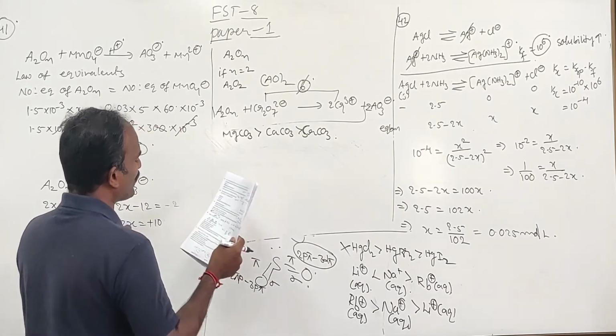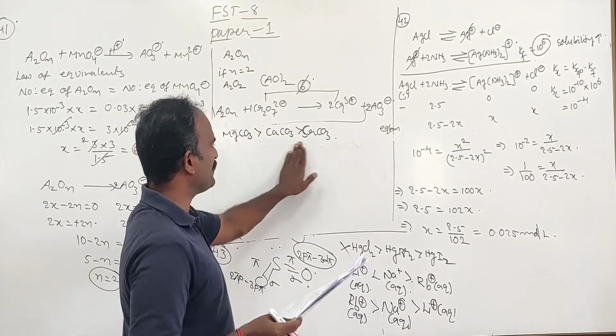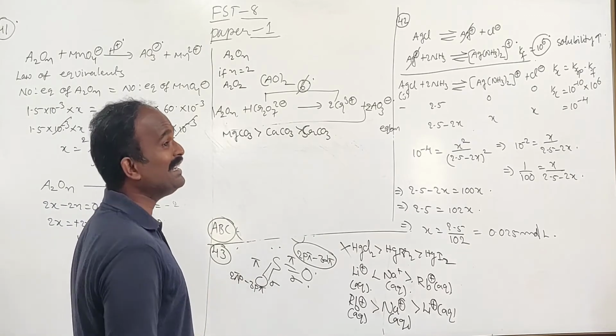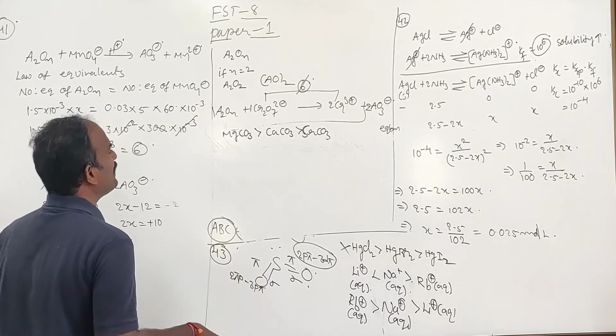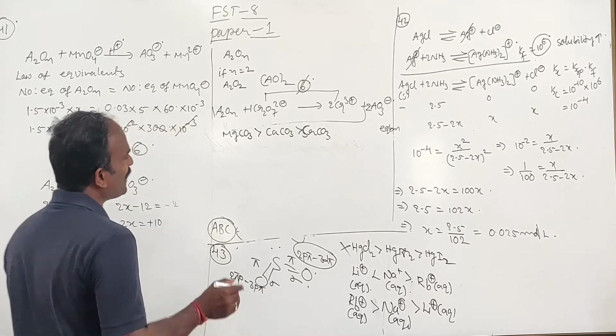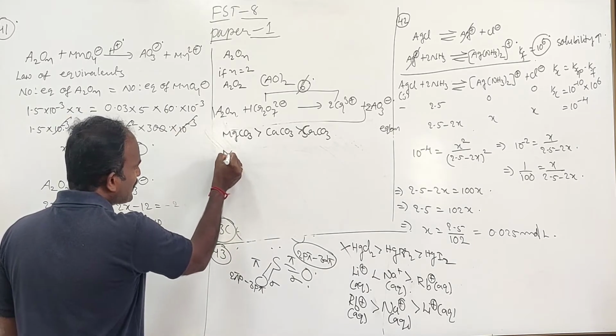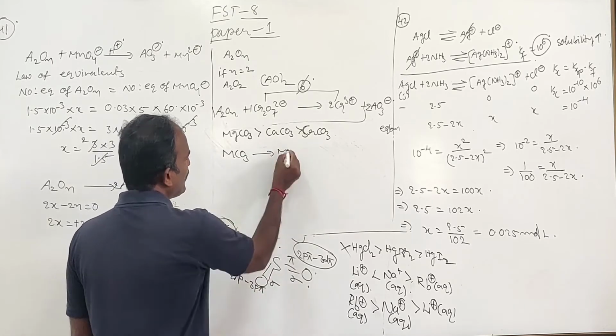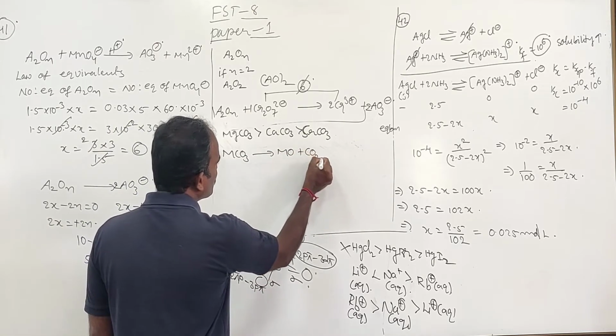Order of magnitude of Kp. Actually what happened, as we all know, down the group stability increases, which means the ability to release carbon dioxide decreases. Actually, MCO3 gives rise to MO plus CO2. This is the reaction.